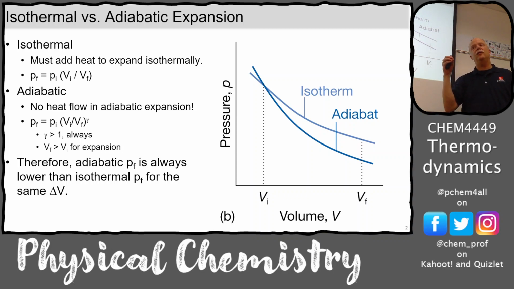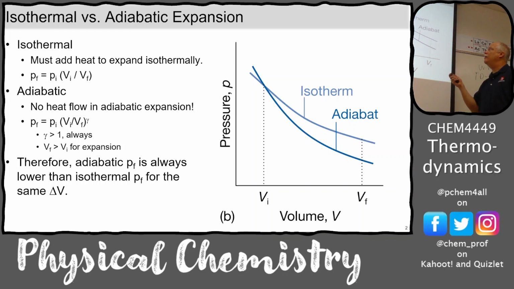If the molecules have to be further apart because they're taking up more volume, then it's going to cool because you had to break the hydrogen bonding or the polar attractions. So in order for it to not cool, you have to put in heat. If you want to stay on an isotherm, you actually have to put heat in while you expand. Because you're adding heat, the pressure is higher than it would be if it just cooled.